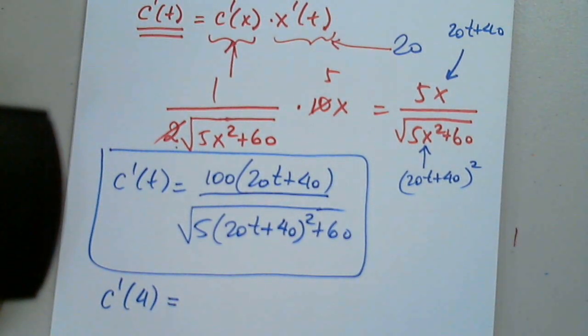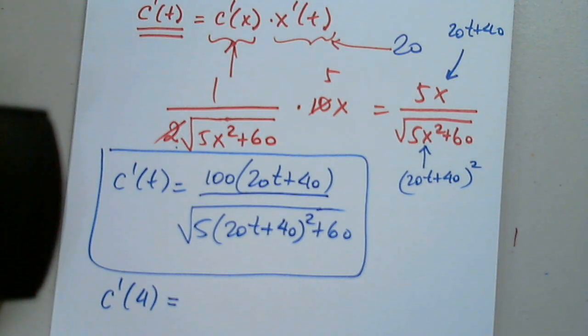So it's 100 left parenthesis 20t plus 40. That's not what I meant. Plus 40, close, divided by the square root. I like parentheses, so I'm going to use an extra pair.